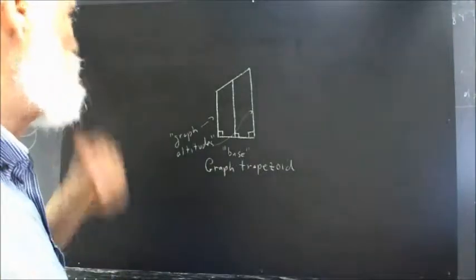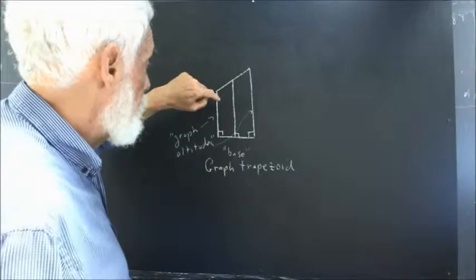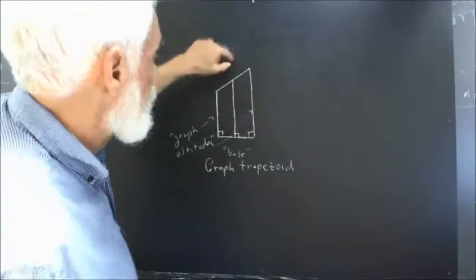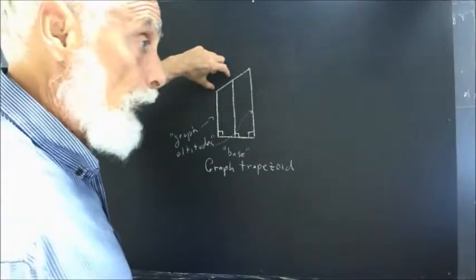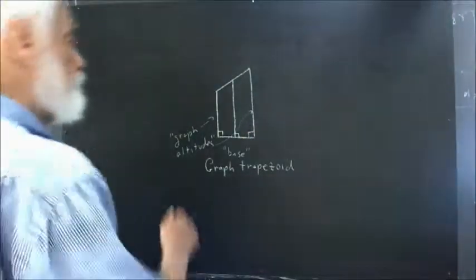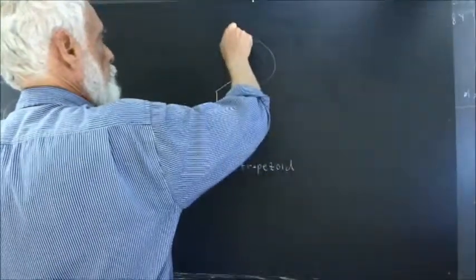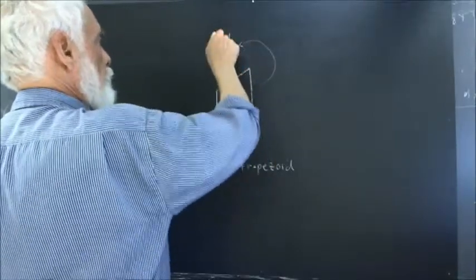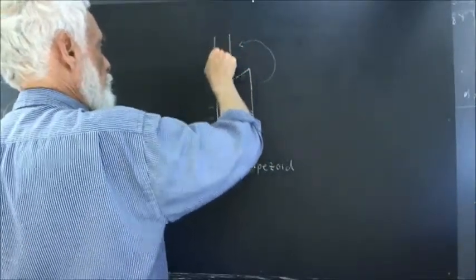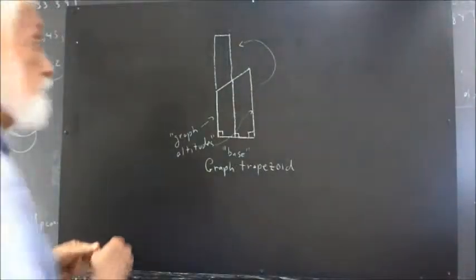Now, if I cut along this line, take this part and lift it up, turn it over, and set it down on this part, I'm going to get something very much like this. Okay? And now this is a rectangle.